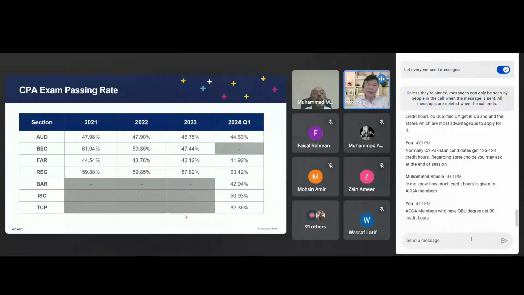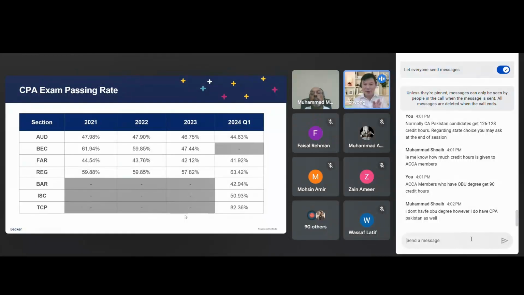Okay, so here's the newest passing rate. Like I said before, the exams were changed in 2024. The core exams are new, the discipline exams are new, and that's why we may not be doing apple-to-apple comparisons on the core exams.